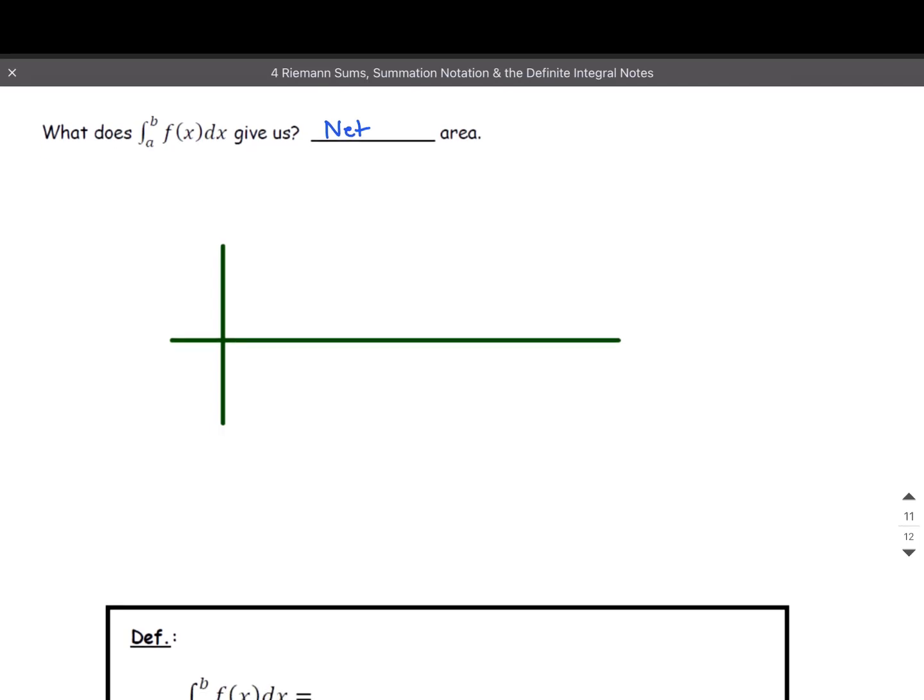For instance, if we have a graph that looks like this, on the region from a to b, let's say it intersects here at c and intersects here at d. On the region from a to c, the integral is going to have a positive value.